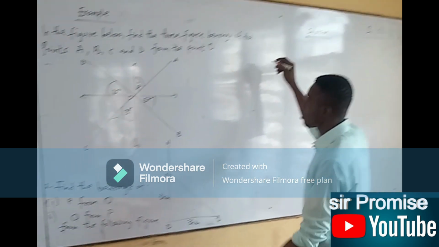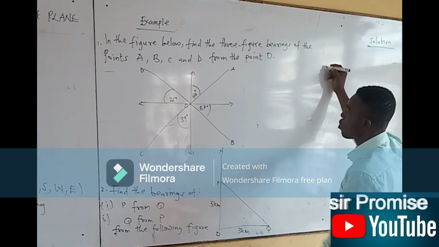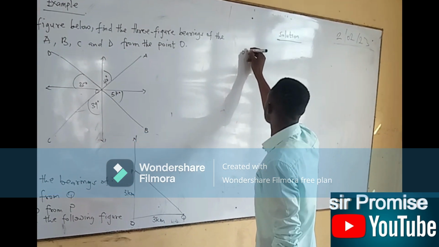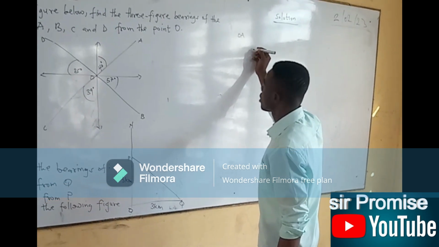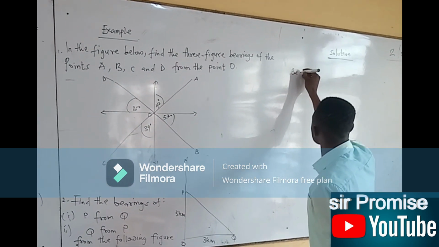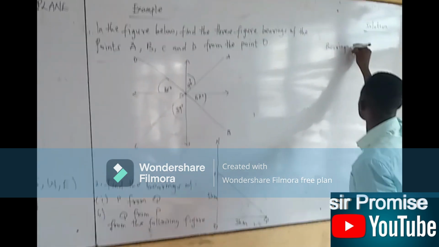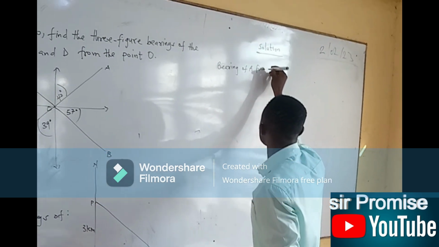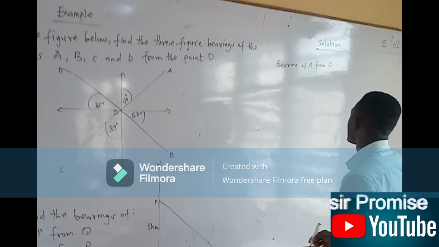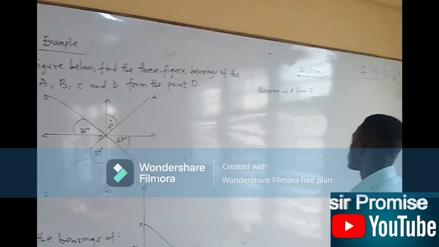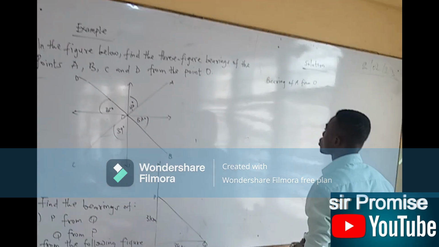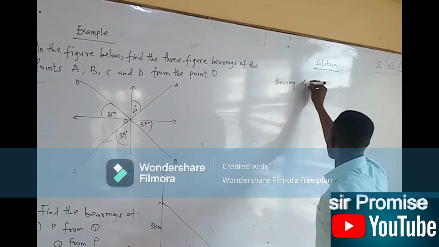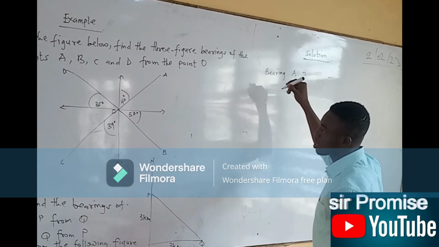So the bearing of OA, or bearing of A from O. So the bearing OA that we are going to solve, let's say bearing A. The bearing of A is going to be equal to what?